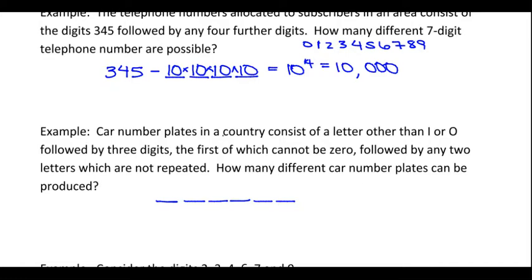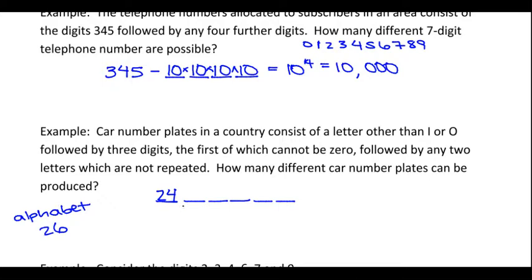Let's look at the restrictions. So for the first letter, it can't be I or O. So you need to know that in the English alphabet there are 26 letters. So if the first letter cannot be I or O, that leaves us with 24 possible letters.